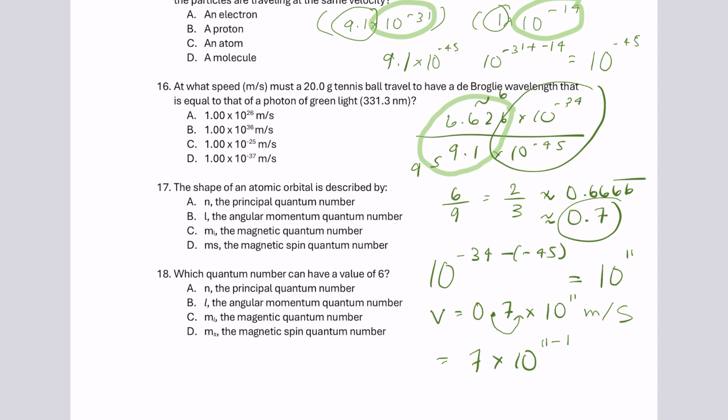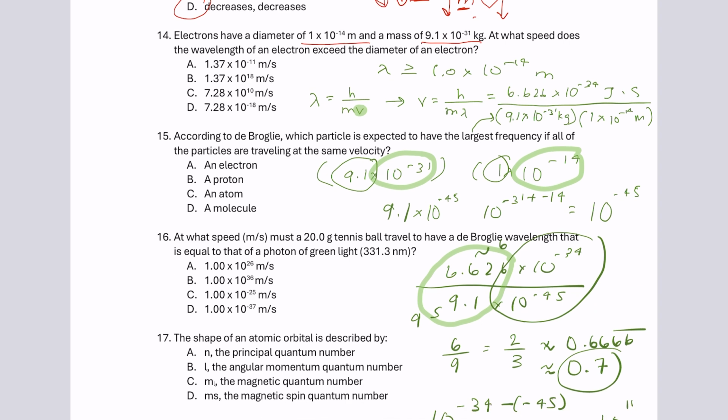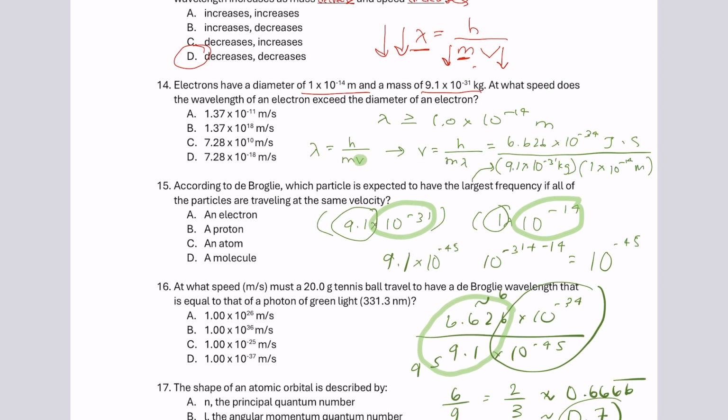And when we move the decimal to the left, we add to the exponent. We only move the decimal place one place to the right, so we only have to subtract 1 from the exponent. This gives us 7 times 10 to the 10th power, and this is going to be meters per second. The answer choice that's closest to this value is going to be answer choice C.